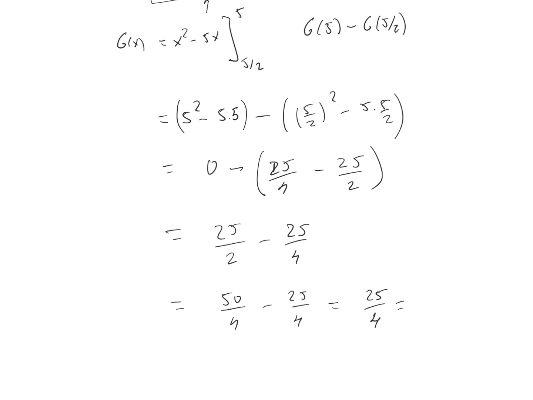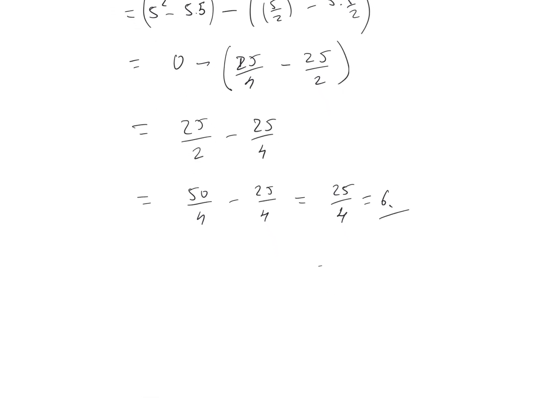And 25 divided by 4 is 6 point something. So the total area between 0 and 5 will be 2 times 25 divided by 4. So as a result, the total area, I guess, is 2 times 25 divided by 4. Let me erase here.